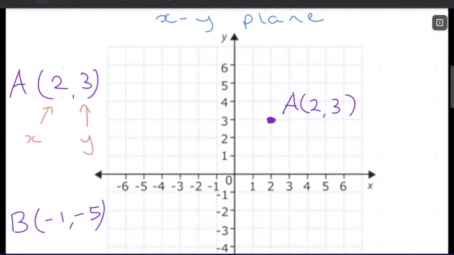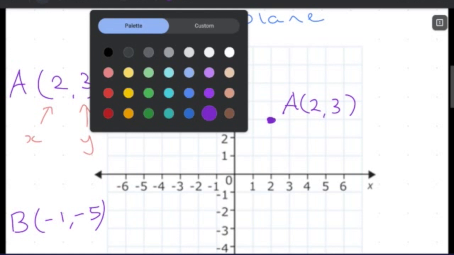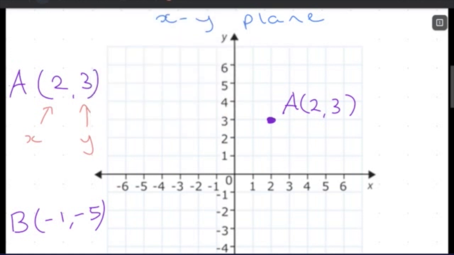Probably should have done that earlier, but that's all right. Now, this point here, once again, my x and y's correspond to the same points. So all I'm doing is just locating where on my plane these 2 points lie.